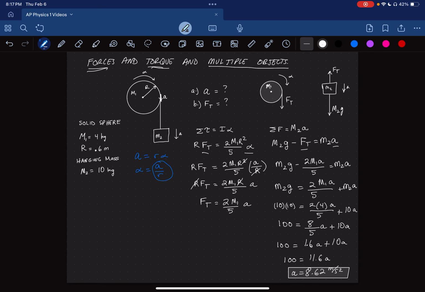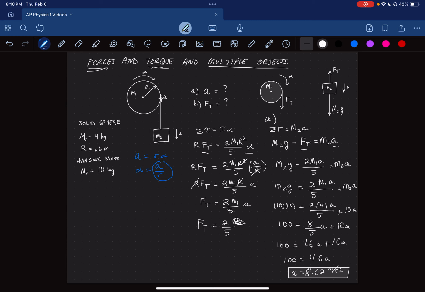Okay, so we figured out a, and label it as a, although these kind of go together. Let's figure out now what is Ft. Ft is equal to 2/5 times m1 times a. Okay, I just copied the same thing over.